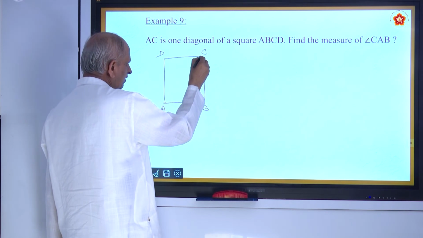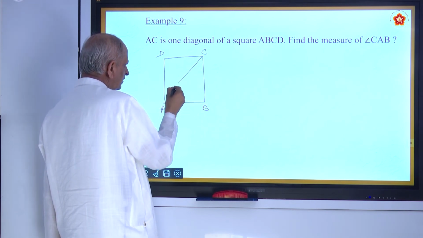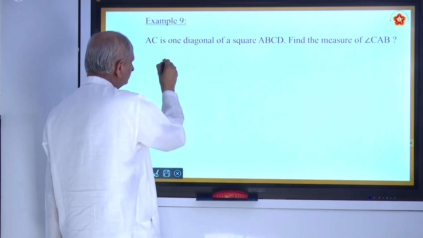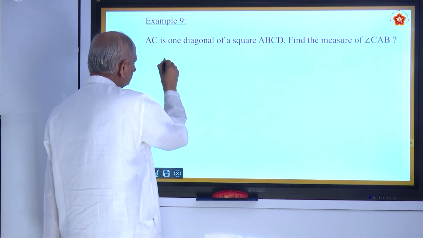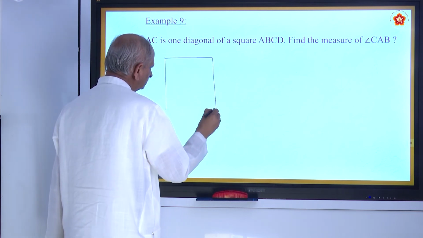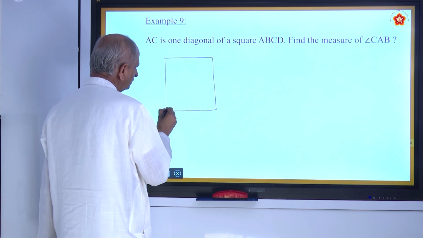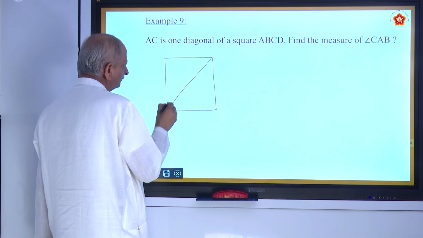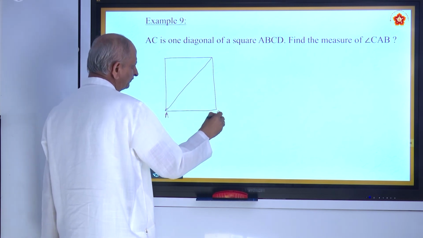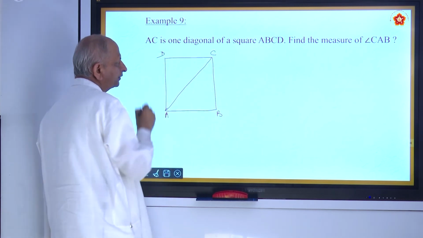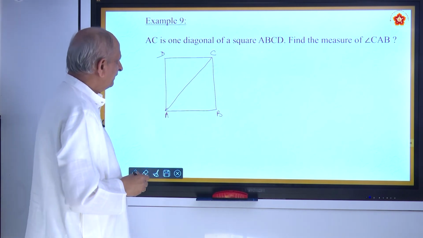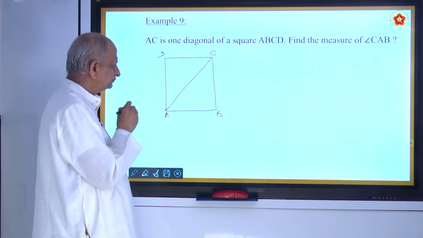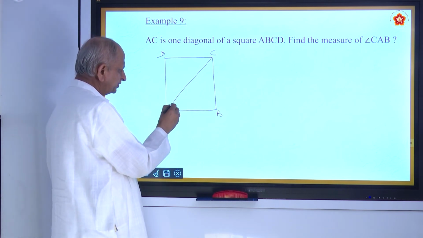AC is one diagonal. I am drawing the rough figure again. So let us suppose, find the measure of CAB. AC is one diagonal. CAB they are asking, how much.